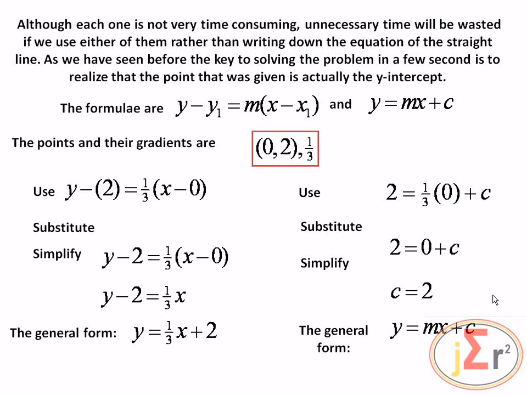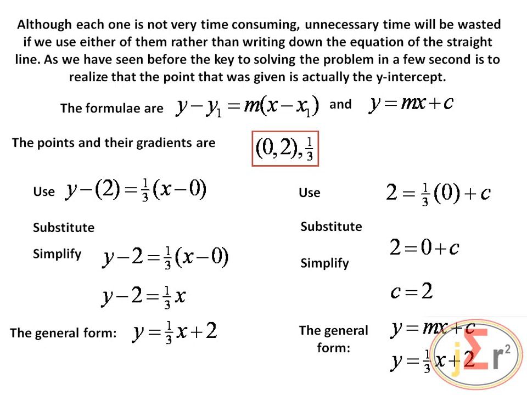The general form will be, of course, y is equal to mx plus c. We have m is 1/3 and c is 2. So we will replace m by 1/3 and c by 2. And we have the same thing. Y is equal to 1/3 x plus 2.